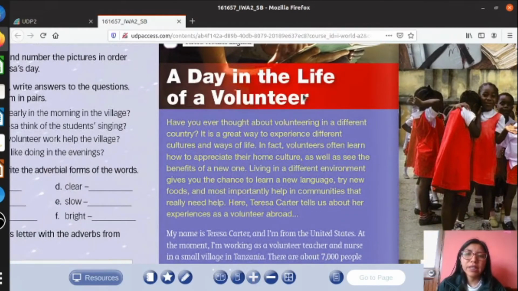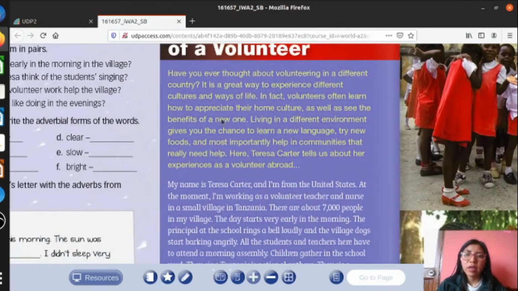A day in the life of a volunteer. Have you ever thought about volunteering in a different country? It is a great way to experience different cultures and ways of life. In fact, volunteers often learn how to appreciate their home culture, as well as see the benefits of a new one.